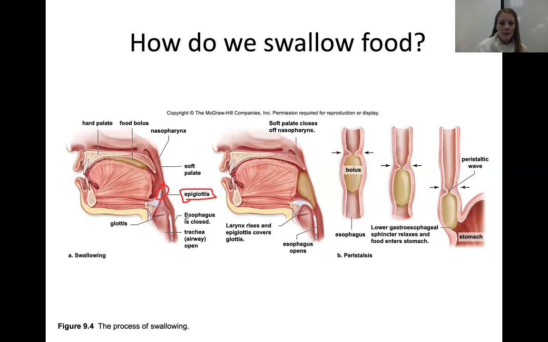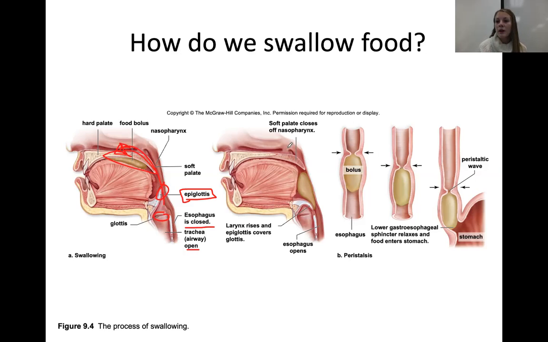This is when the esophagus is closed, the trachea airway is open, and here's the glottis. Here's some food. We're able to breathe here because we haven't swallowed that food yet. We're able to breathe while we're eating, right? That's pretty good, especially if you chew something for a while. It's also the reason why you can breathe while you're chewing gum, things like that.